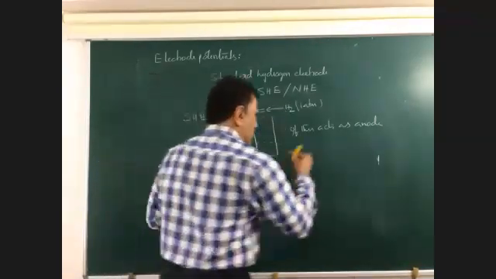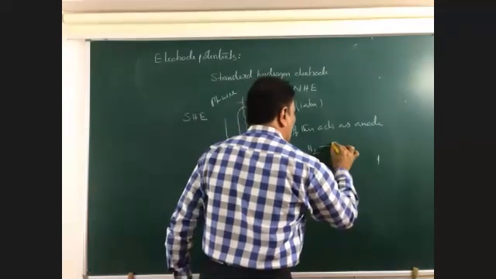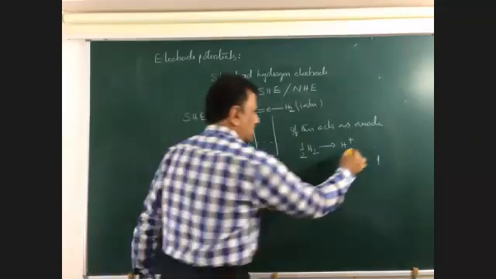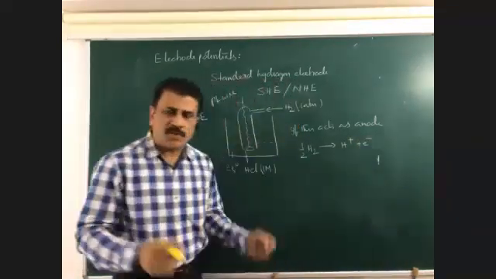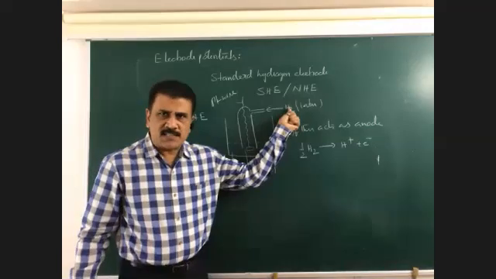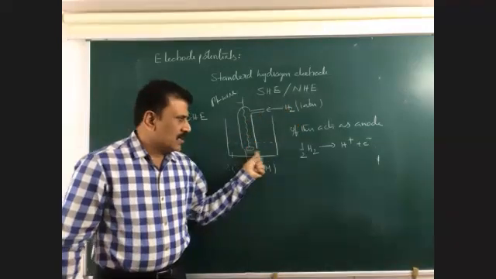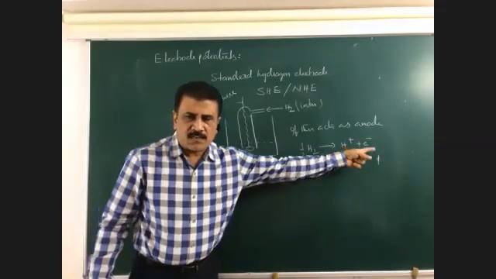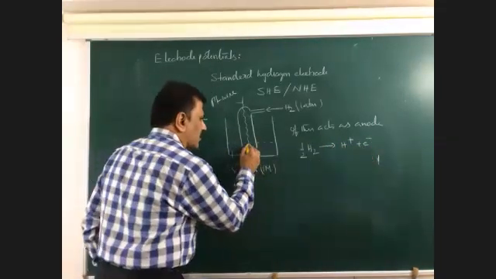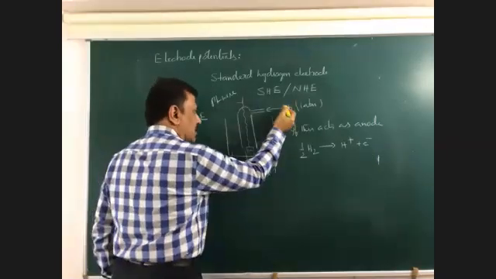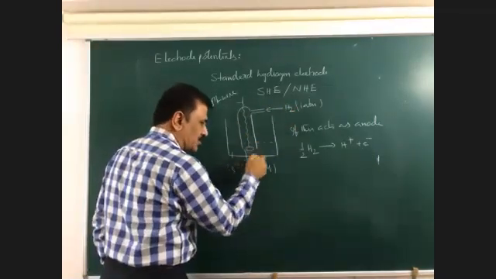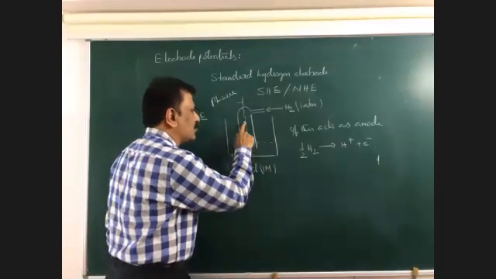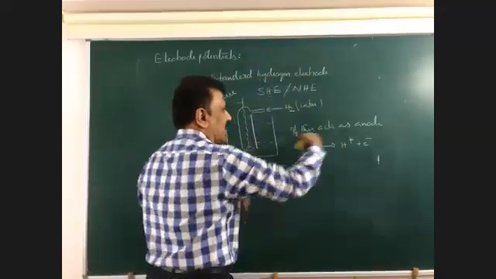Hydrogen gas loses electrons and changes into H+. When hydrogen gas changes into hydrogen ions, there is a loss of electrons. Those electrons are deposited here, move in the upward direction and go away. Hence it acts as anode.